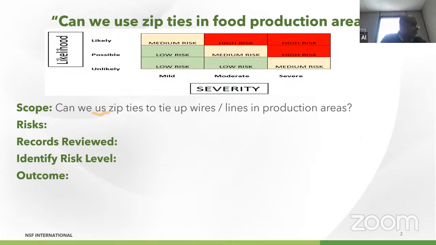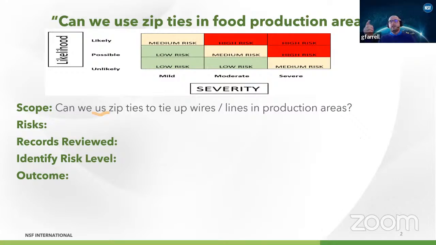So let's put the spin on it and say if we look at our internal records and we've seen pieces of this come up in GMP audits and internal audits and all of those things, would you lean towards moderate or severe for severity? If you're seeing pieces, severe, yeah, absolutely. It would definitely push you to severe.